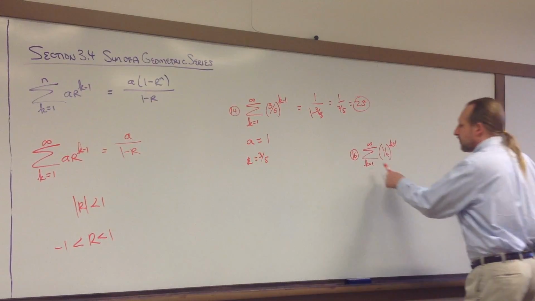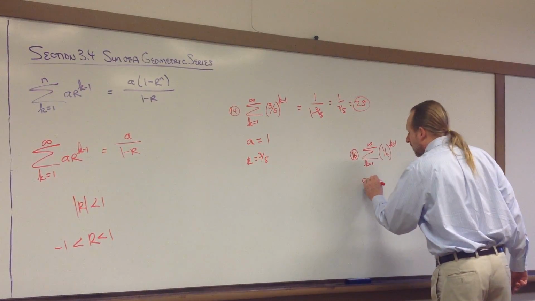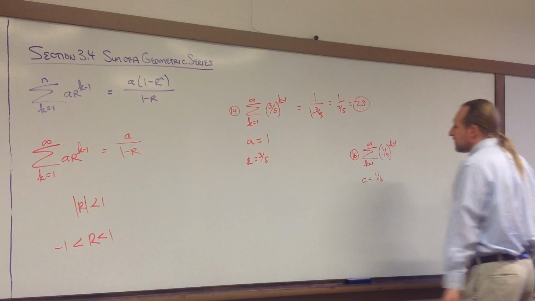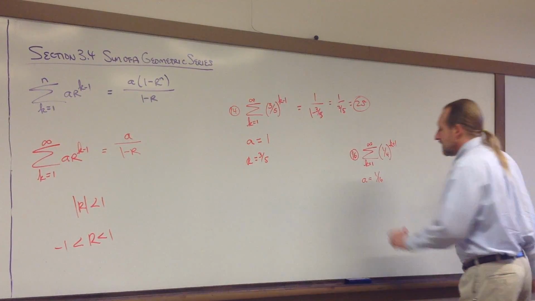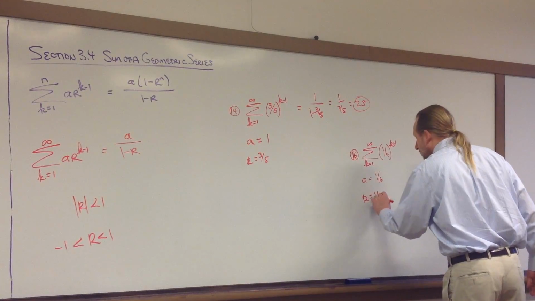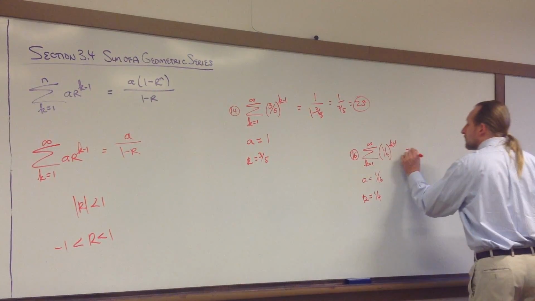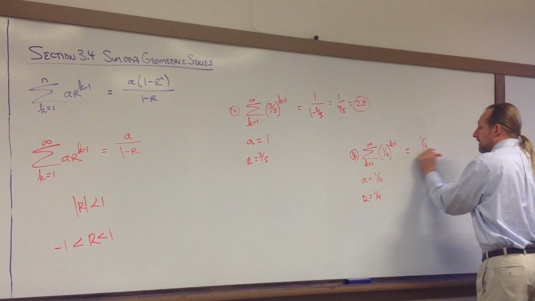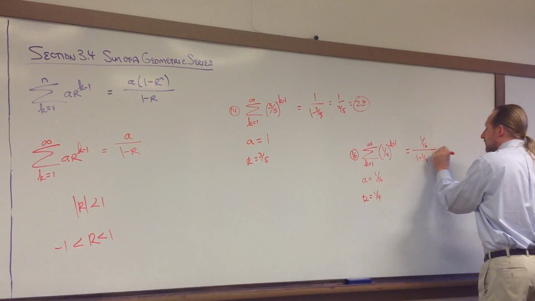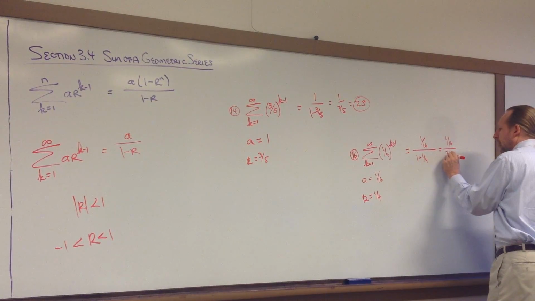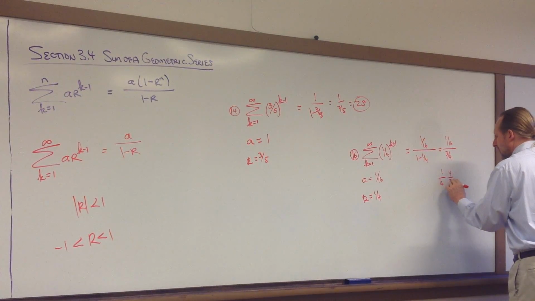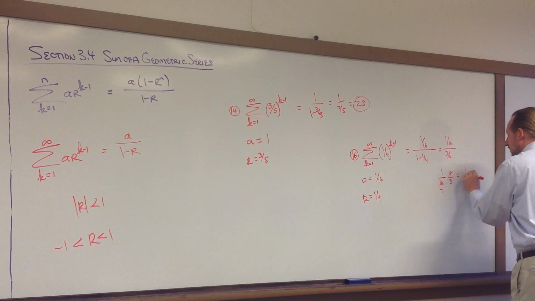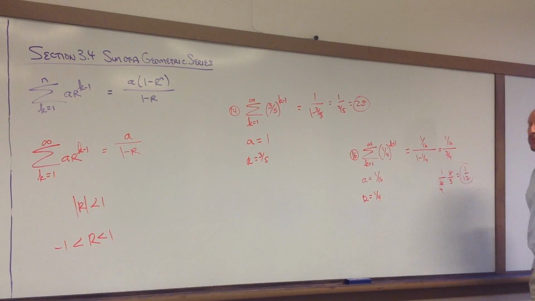So let's plug in k equals 1 and find out what the first term is. That's going to be 1/4 squared, or 1/16. Our r here is a fourth. So this will be 1/16 over 1 minus a fourth. So 1/16 times 4/3. Our sum is going to be 1/12.